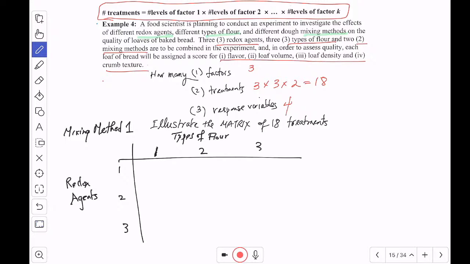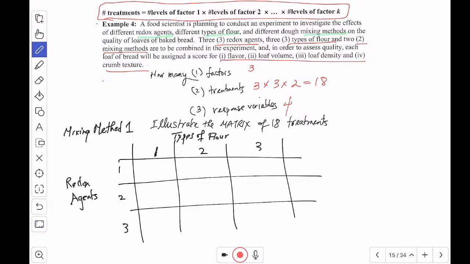So for mixing method 1, we're going to have 9. Then we just repeat.